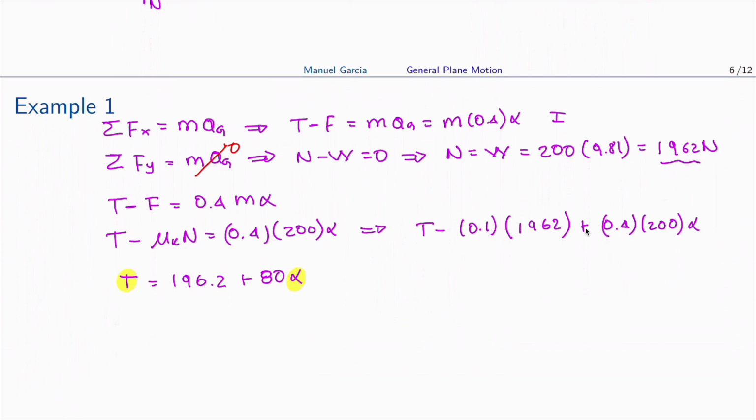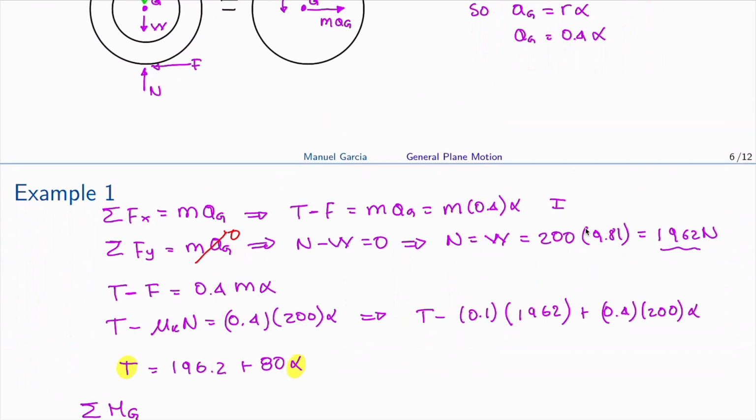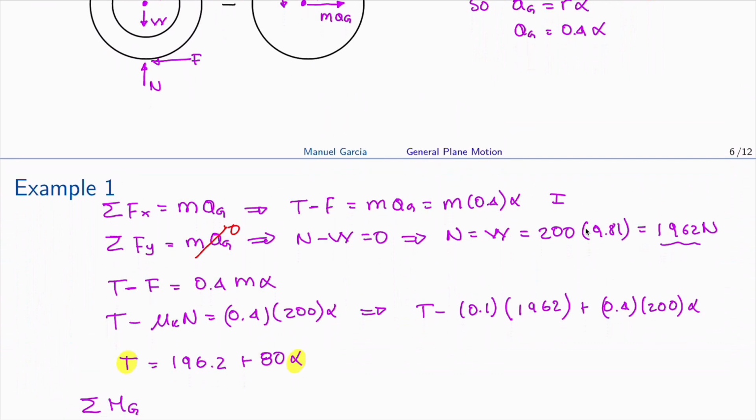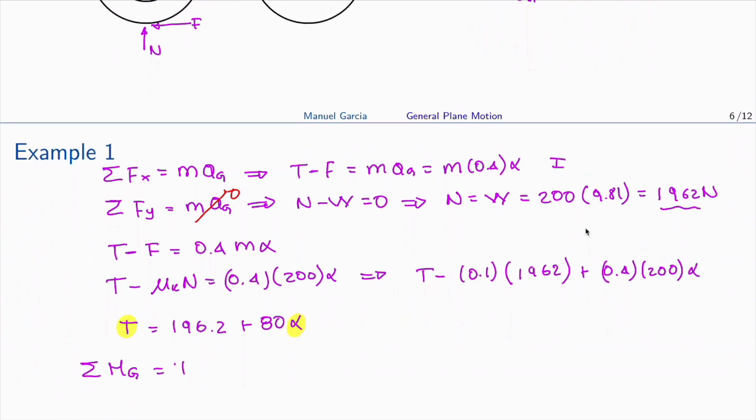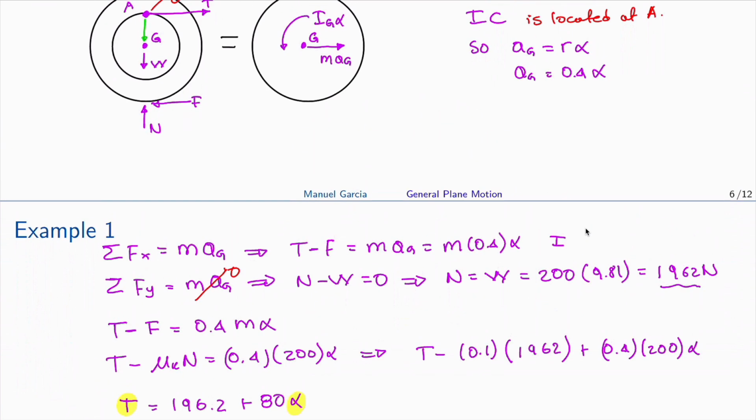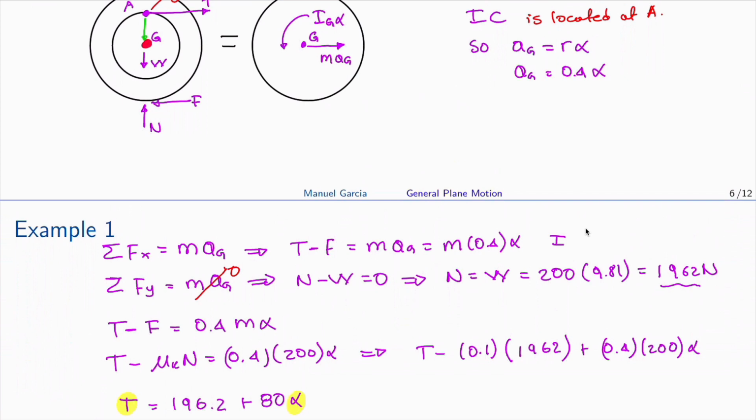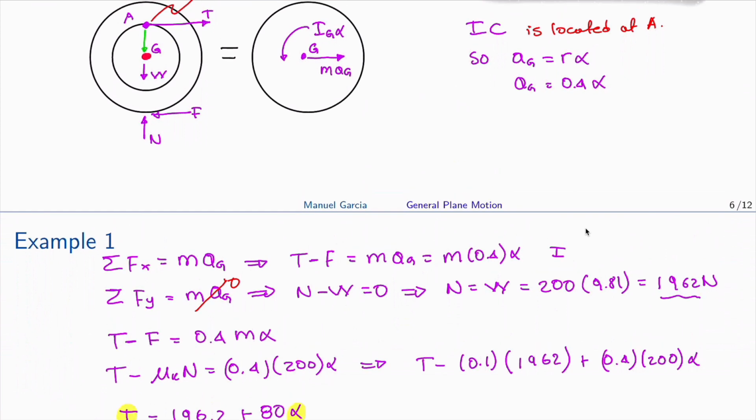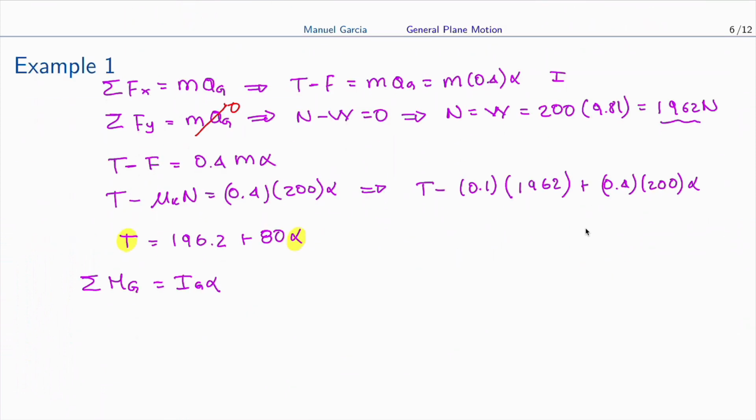We still have the sum of the moments at G. The sum of the moments at G is equal to the moment of inertia at G multiplied by alpha. So what are the moments that we have at G? At G we have the moment of T and the moment of F. The other forces pass through the center of mass.